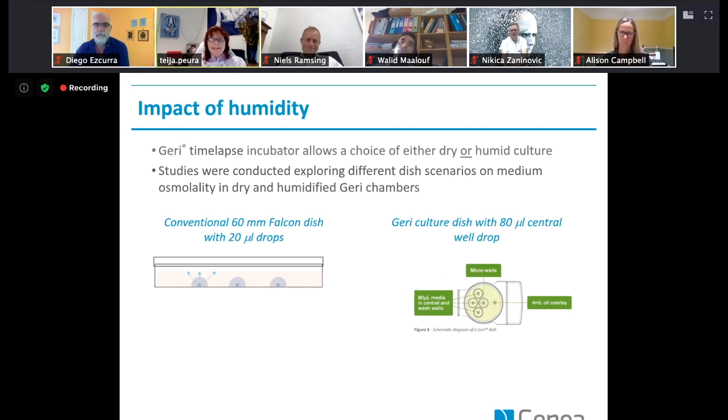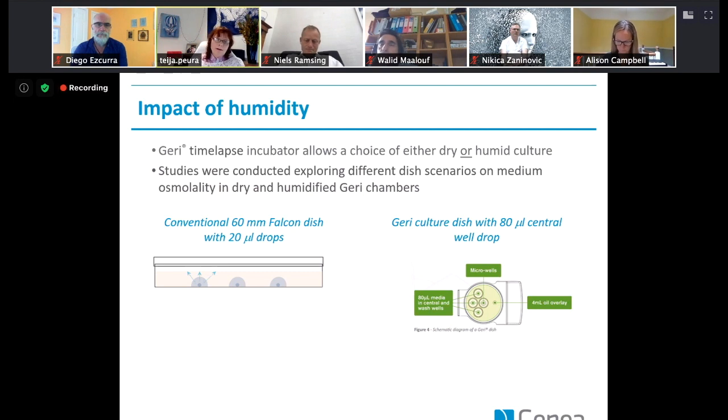The impact of humidity, that has already been touched upon. Diego talked about it quite a lot. So I guess the difference with Cherry is that indeed it allows a choice of either dry or humid culture. And early on, we conducted studies both at the fertility clinics as well as at the biomedics, exploring different dish scenarios and how they actually operate in a Cherry incubator specifically.